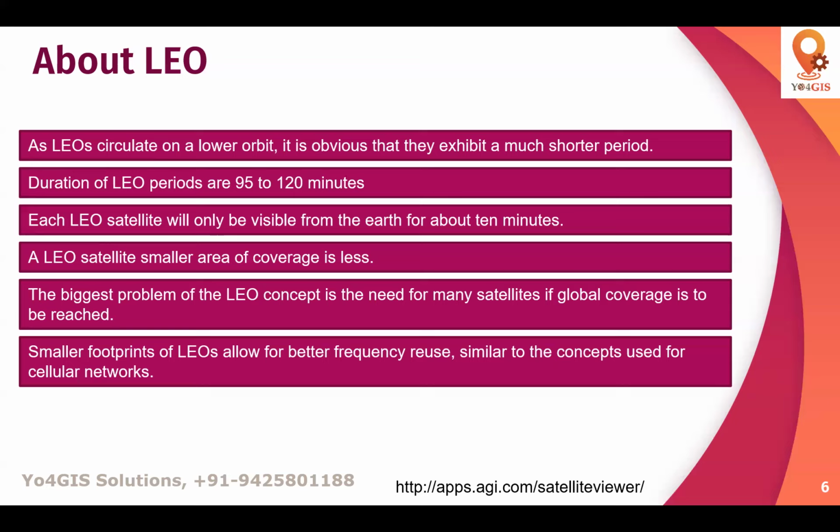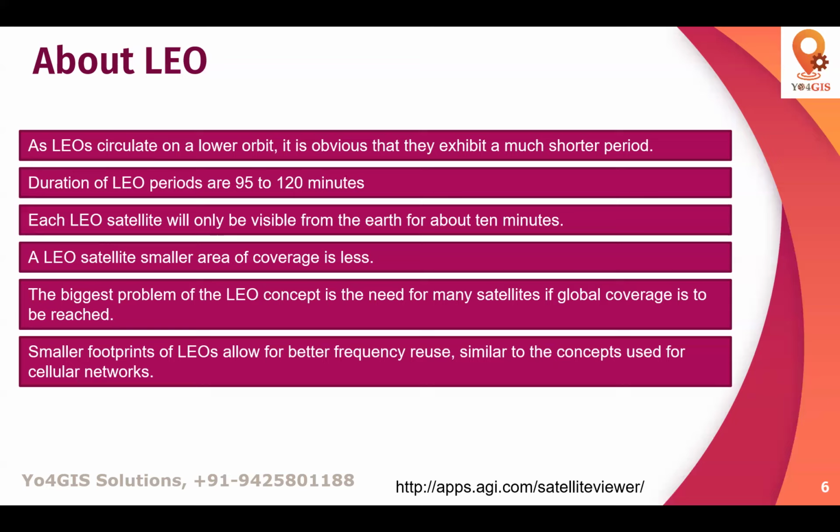After that, the smaller footprint of LEO allows for better frequency reuse, similar to the concept used for the cellular network. So LEO is basically what? Because the altitude of the LEO is less, whenever we are talking about frequency, we can basically reuse the frequency in telecom, and that we are getting with the help of the LEO.